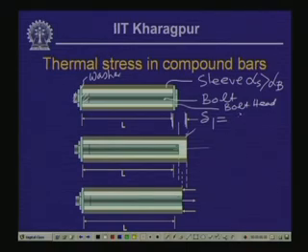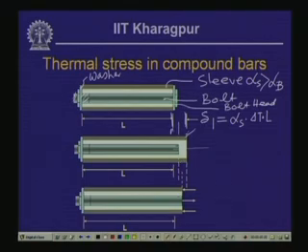It is given as alpha s times delta T, which is the final temperature minus the initial temperature, multiplied by the initial length L. So, alpha s times delta T times L is the expansion of the sleeve. Consequently, the bolt also will undergo expansion, but since its thermal expansion coefficient is less than the outer sleeve's, it will have a relatively lower value than delta 1.